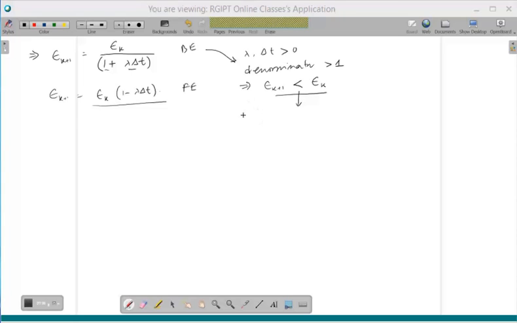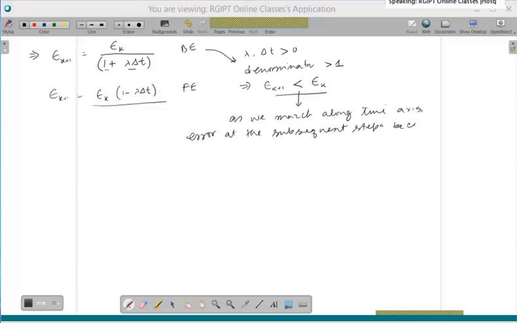And therefore, as we march along the time axis, okay, the error at the subsequent steps becomes smaller and smaller. Okay? And that is what leads to stability. So I hope I have given you sufficient explanation.